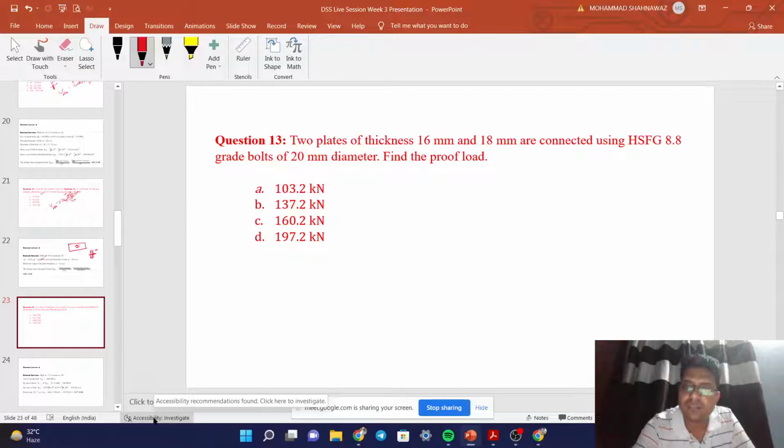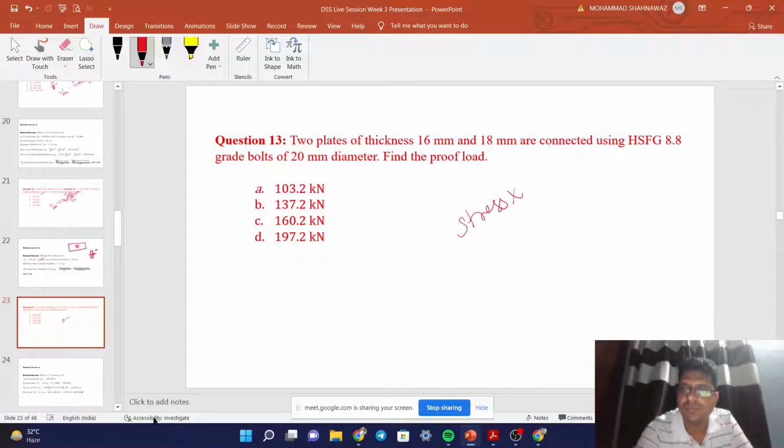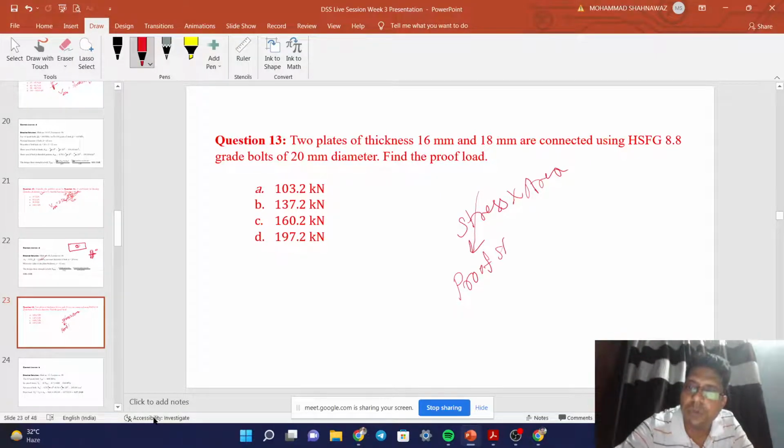Proof load will be stress into area. And we are considering HSFG bolts, so this stress will be proof stress.